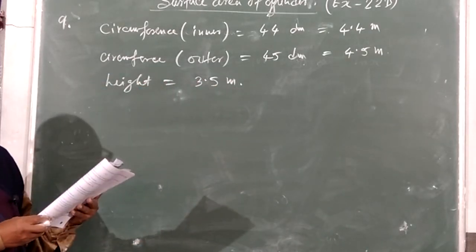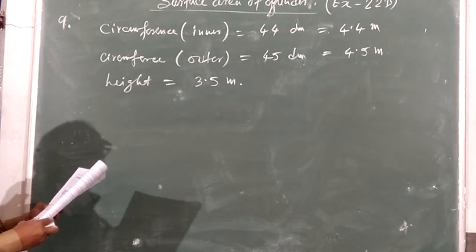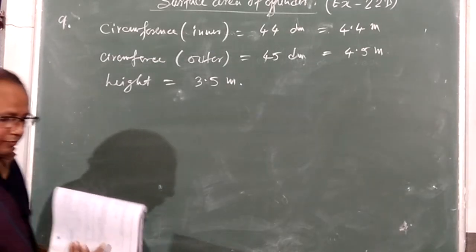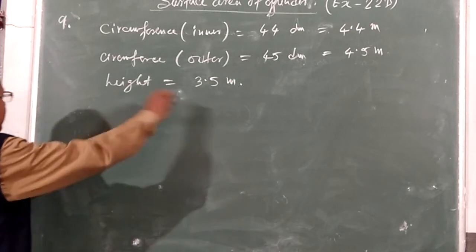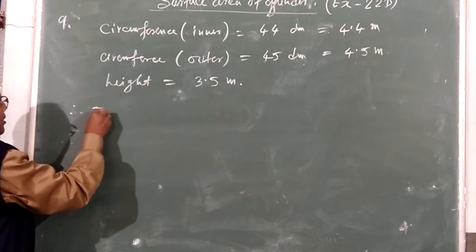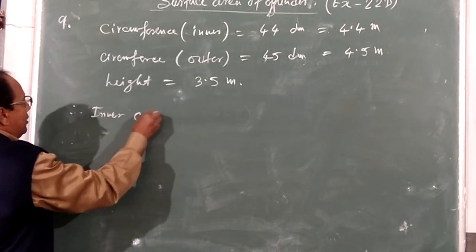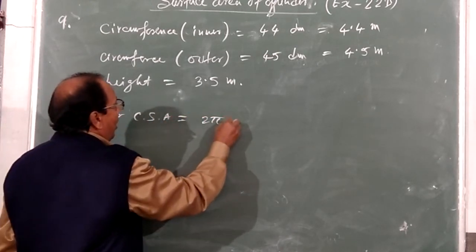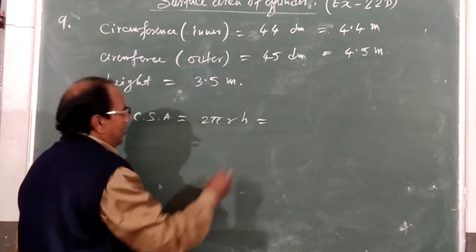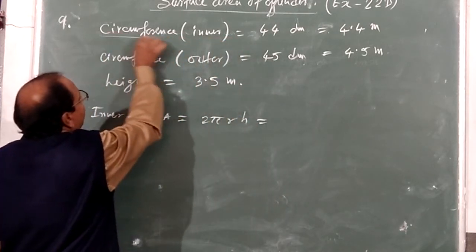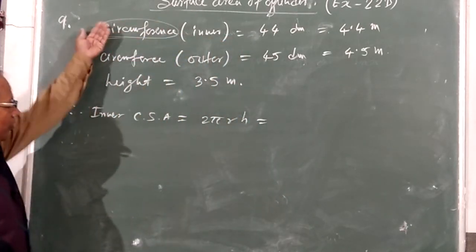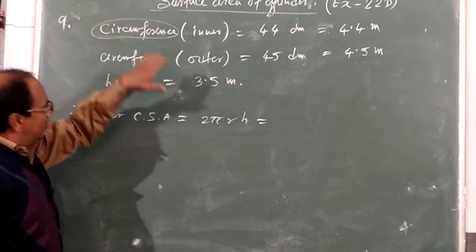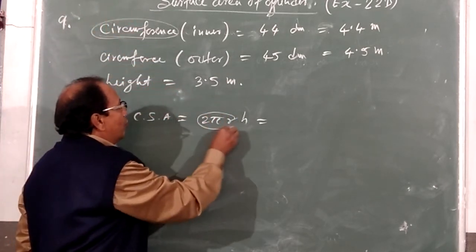So before you go for cost of painting, you will see the area, inner surface area and outer surface area. Okay, let's start. Inner CSA means inner curved surface area equals 2 pi r h. See, circumference, though I did not mention before, in fact, we can write here 2 pi r.